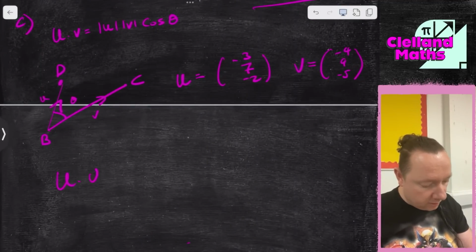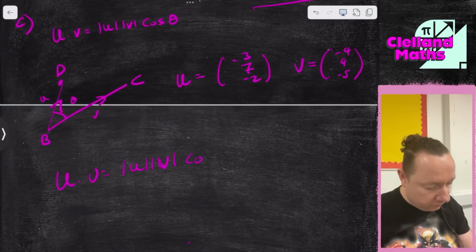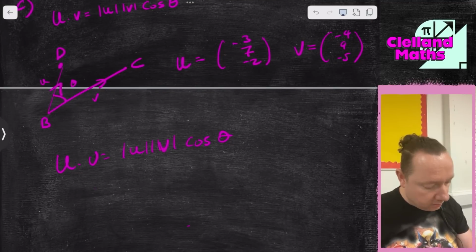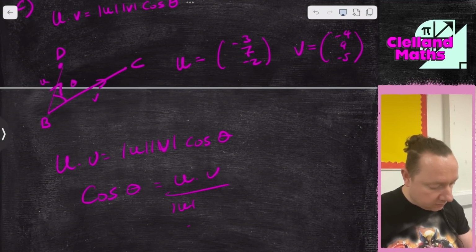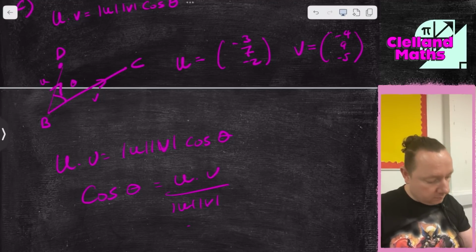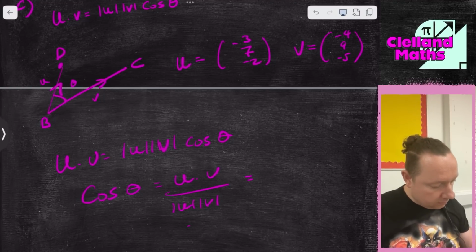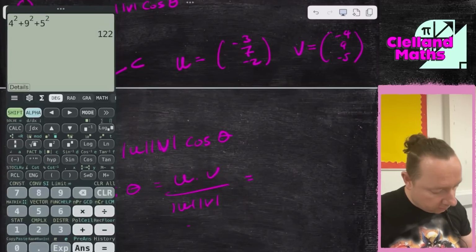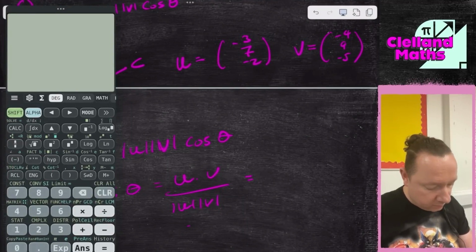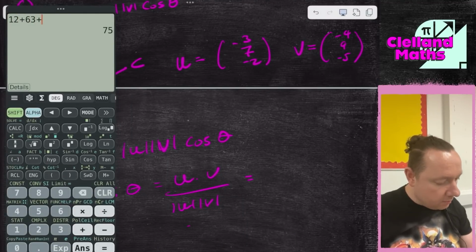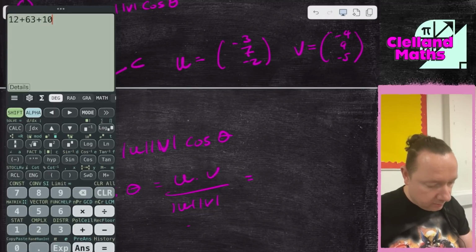And U dot V is, start of the exam paper, the size of U, the size of V times the cos of theta. So rearranging that, cos theta is U dot V over the size of U, the size of V. So what's U dot V? Calculator time. You've got -3 times -4 is 12, plus 7 9s is 63, plus -2 times -5 is 10. That is 85.